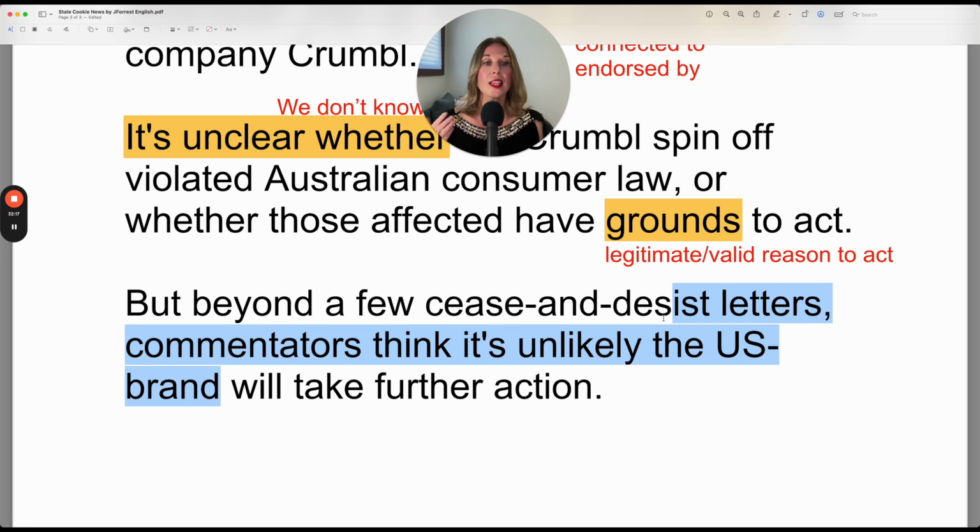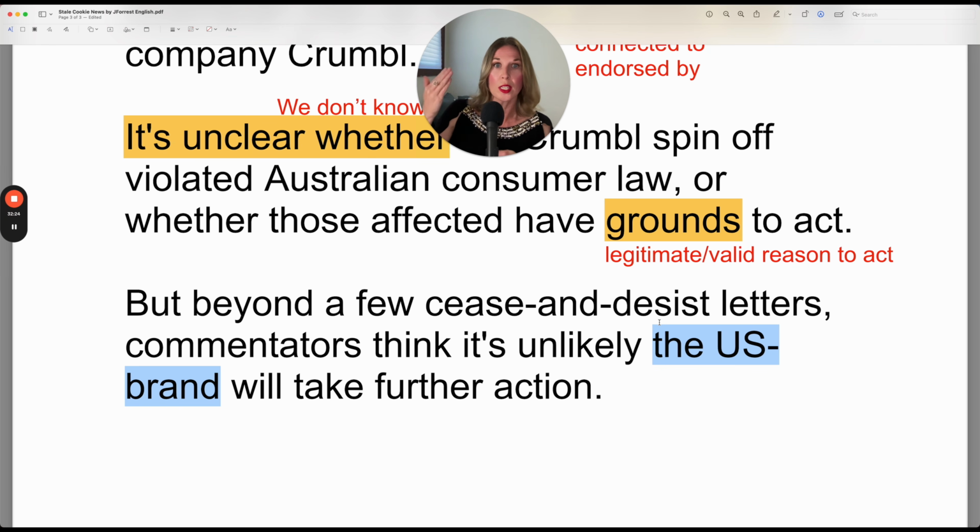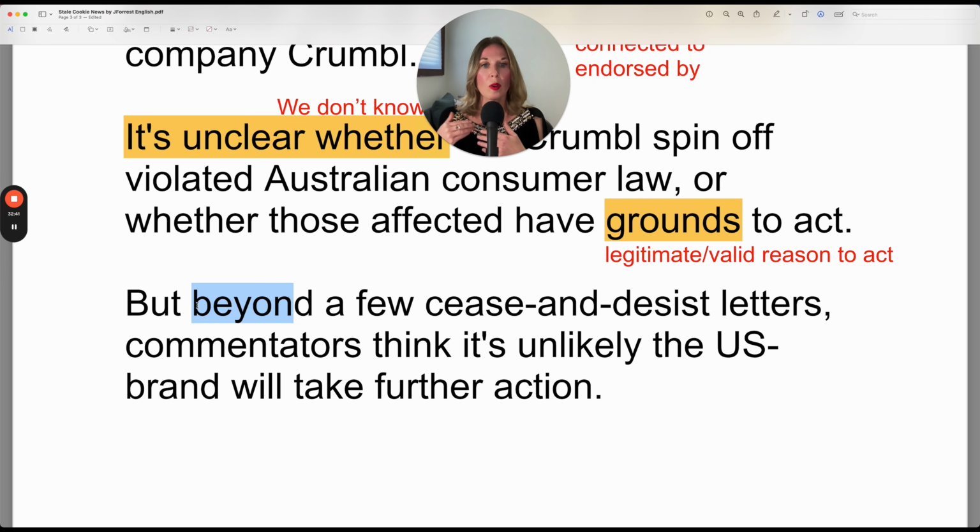So this sounds like the US brand, Crumbl, probably sent or will send this Australian pop-up some letters saying, you must stop selling these cookies. We do not authorize this. And a few, maybe they'll send 3 or 4. But beyond that, meaning anything more than that, is unlikely. So they likely won't do anything but send a few cease and desist letters.